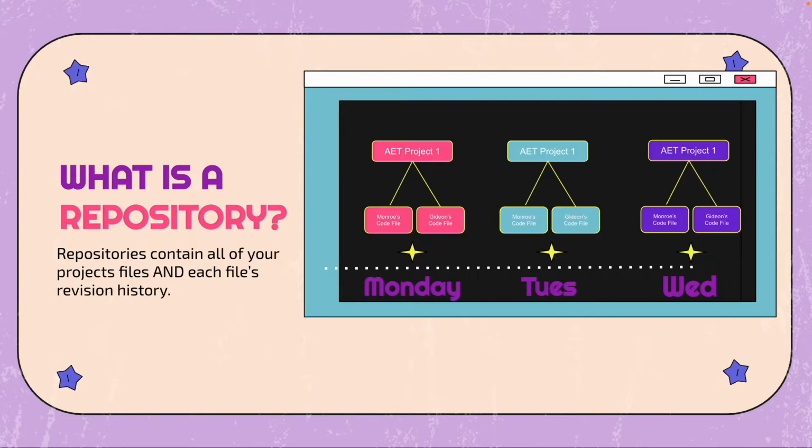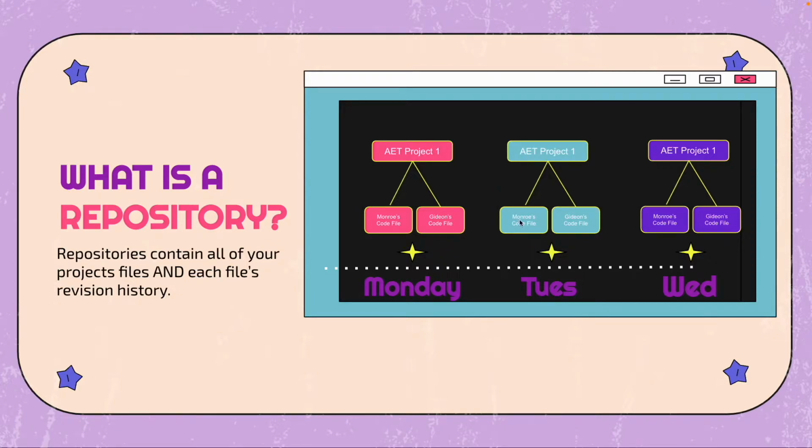But a repository is all of that, all of your files, project files, and one more thing on top of that. It has each file's revision history. For example, let's say our project on Monday looks like this. Maybe Monroe's code file is empty and Gideon's code file is empty.